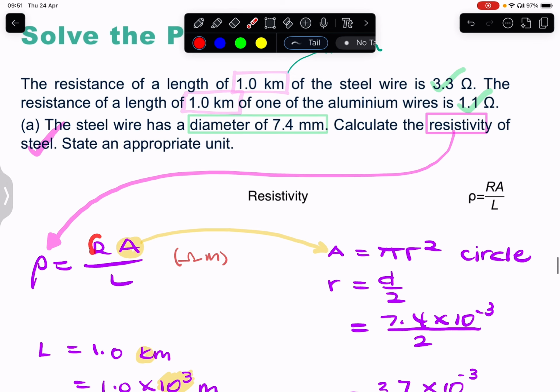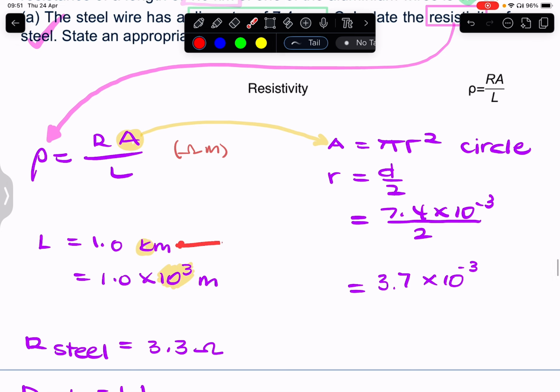Right, so we know R because R is the resistance of steel, 3.3. We know L because L is the length, which is 1 kilometer. And if you multiply that by 10 to the power 3, that will give it to you in meters.